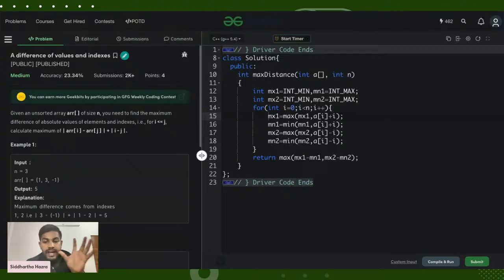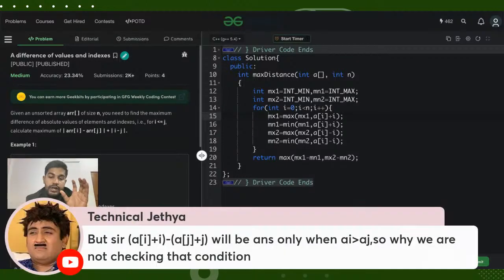The first answer would always be smaller than the next answer. The first A of I plus I would definitely be smaller than the next value, so the resultant value would be negative. The resultant value is negative, so it won't contribute to the answer.